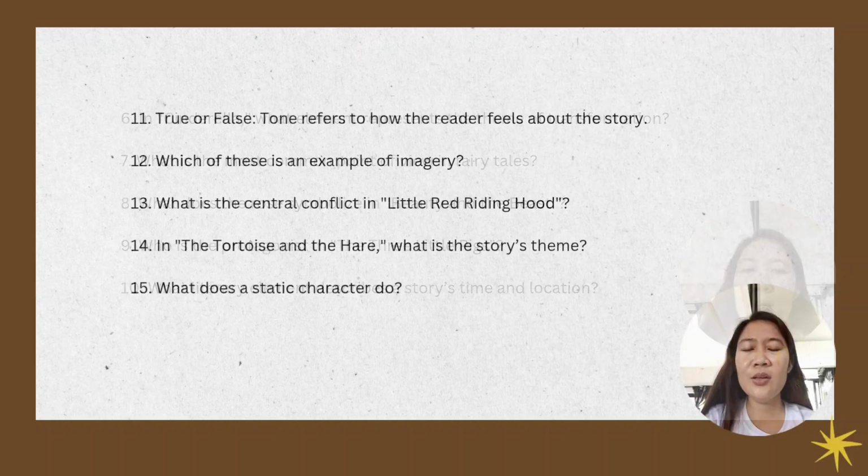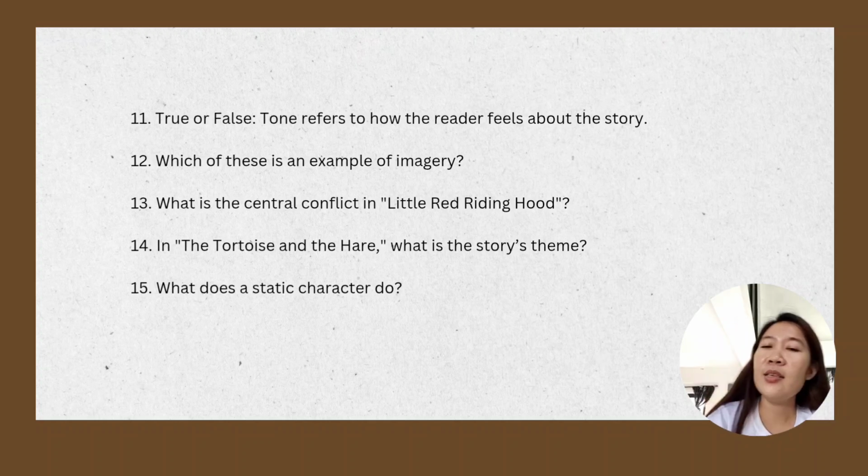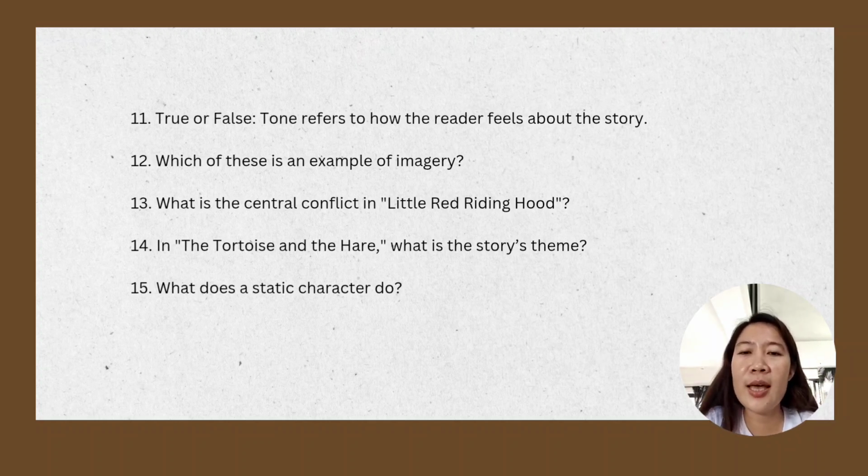Okay, number 11. This is a true or false question again. The tone refers to how the reader feels about the story. Is it true or false? Okay, it is false, because the tone is the author's attitude.